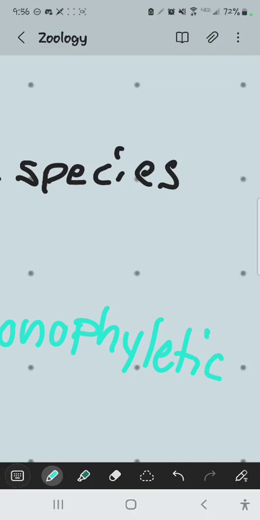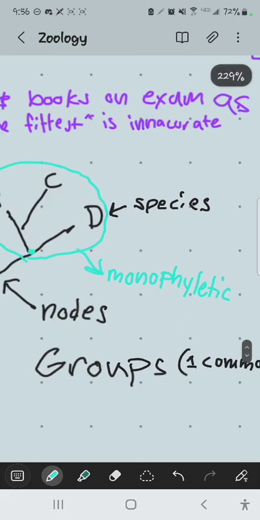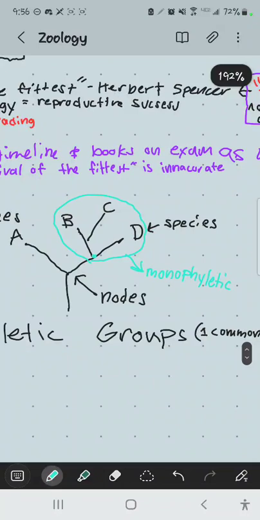The reason I couldn't have C and E share a genus is because that's polyphyletic, like our example there on the bottom, or paraphyletic. If I were to have C and E share a genus name, I'm leaving out this whole group that had a more recent common ancestor with E.